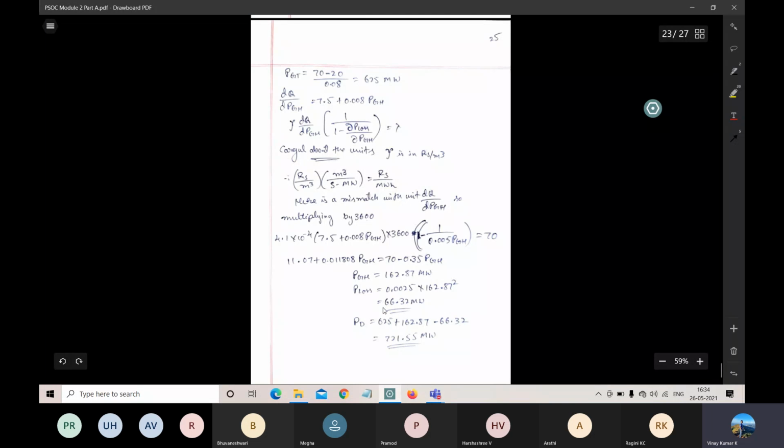That is 787. So here we have balanced the power equation. That is, we have satisfied the hydrothermal constraints, that is, generation equals load plus losses.